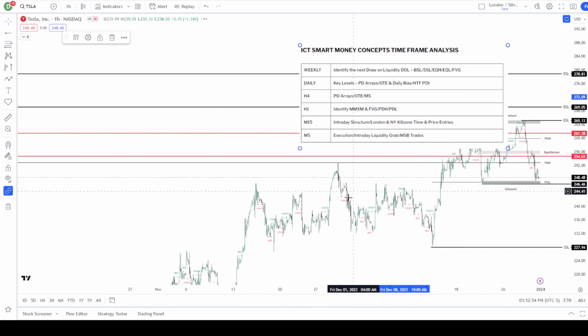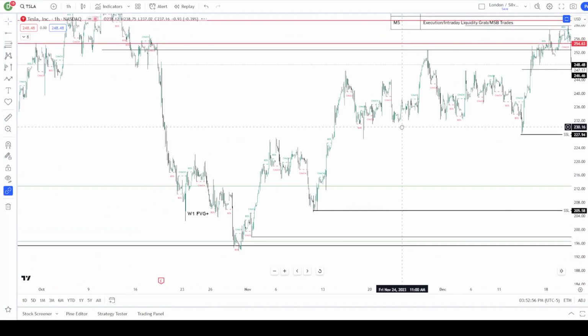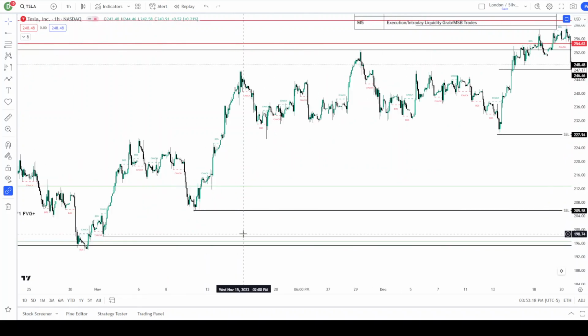Let me see if I can find another better example. Down here back in October, that's a very clear example of a larger time frame one, even though we're on the 1 hour. We break this low, we come down, we pop up, come back down to optimal trade entry on a smaller one. We looked at this one here, but on an even smaller one, you see that first change of character.